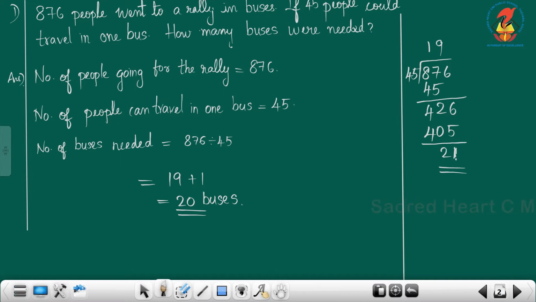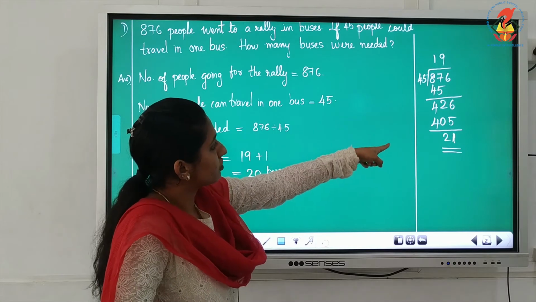Okay. So, 876 people went to a rally in buses. If 45 people could travel in one bus, how many buses were needed? That is the question. Number of people going for the rally is 876. Number of people who can travel in one bus is 45. So, number of buses needed is 876 divided by 45.